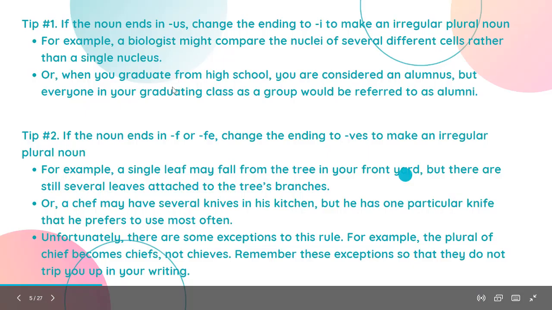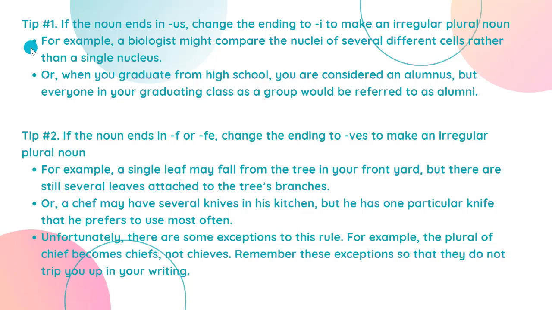Okay? So, tip 1: if the noun ends in us, change the ending to i to make an irregular plural noun. For example, biologists might compare the nuclei of several different cells rather than a single nucleus.